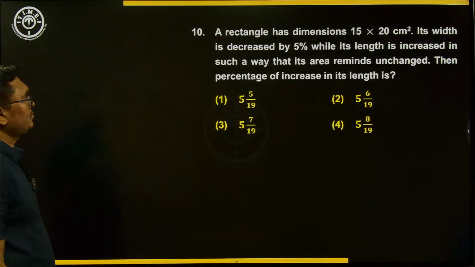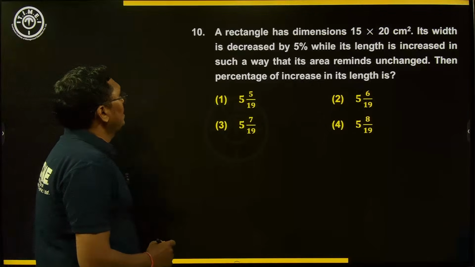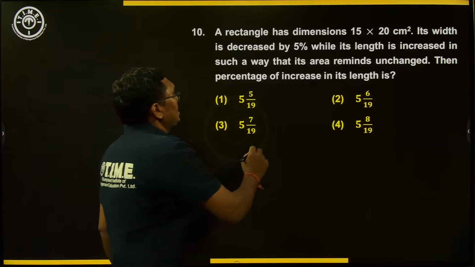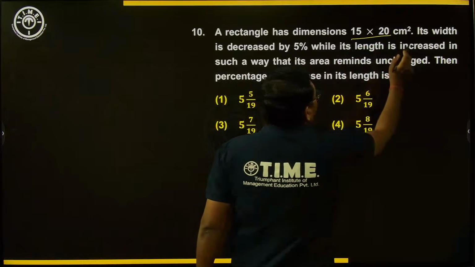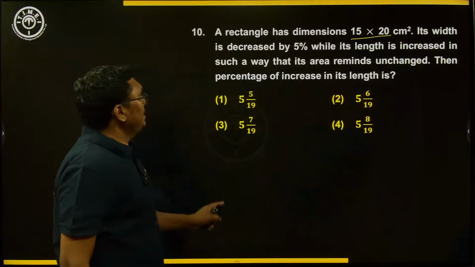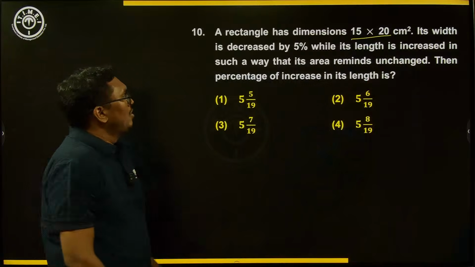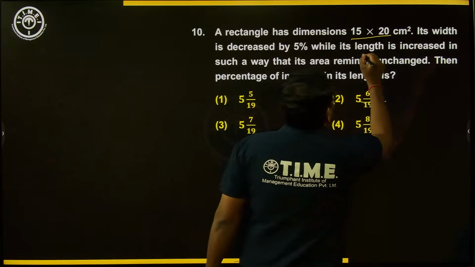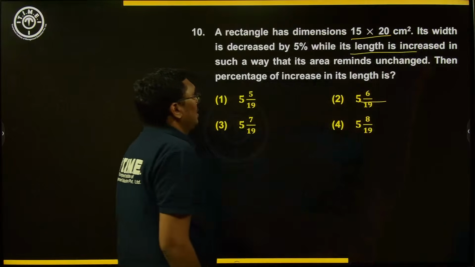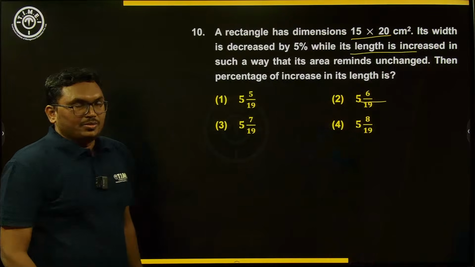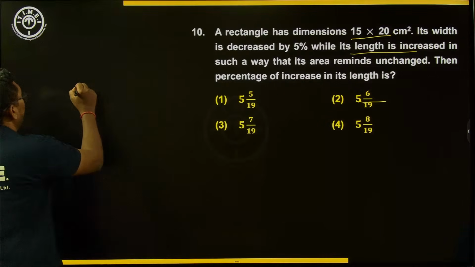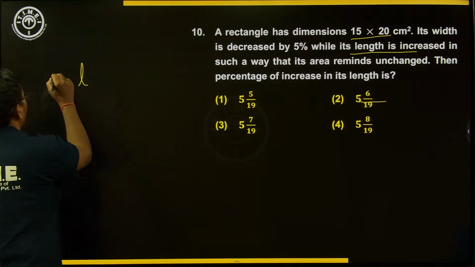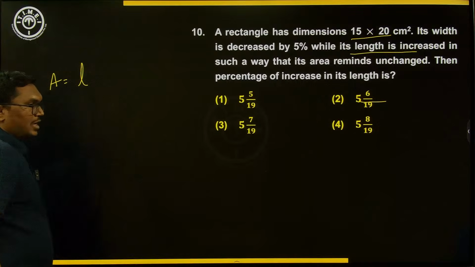నెక్స్ట్ క్వశ్చన్ నెంబర్ 10. A rectangle has dimensions 15 into 20. So its width is decreased by 5%, while its length is increased by such an amount that area remains unchanged. Right. So what is the area of the rectangle? Area of the rectangle is equal to length into breadth.